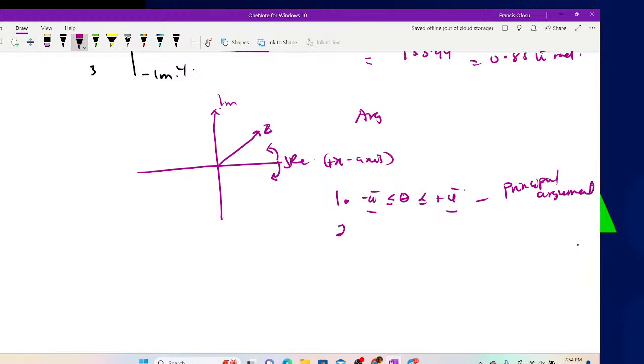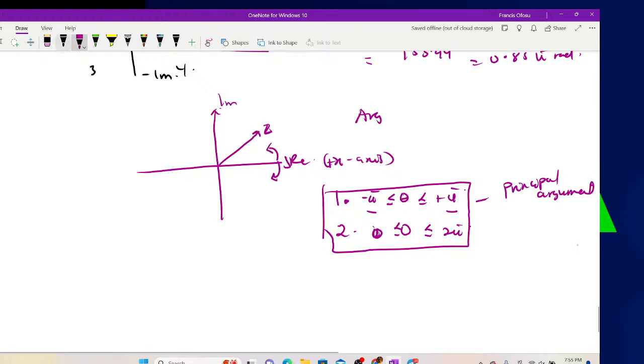Then the second convention is theta greater than or equal to 0, then less than or equal to 2 pi. So these are the two conventions, and I bet you any convention you choose, you arrive at the same answer. The angles may be different, but your complex number doesn't change. So let's see how this convention applies.